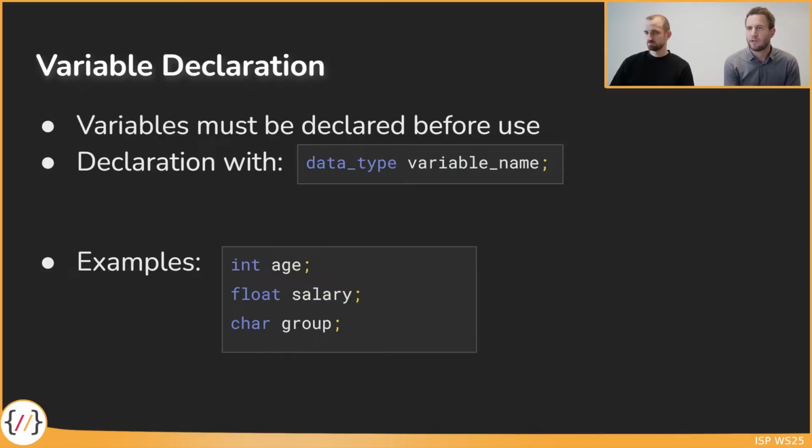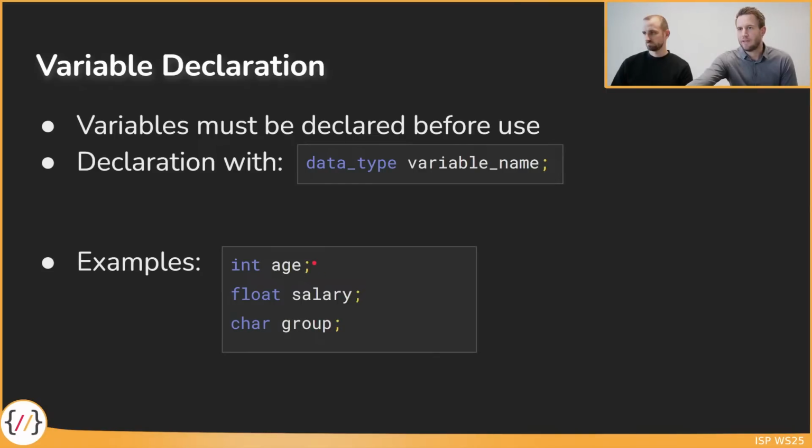So for example, we always start with the data type followed by a name. And the name of the variable can be defined by ourselves. So for example, if we want to store the age of a person, and the age is always an integer, a Ganzzahl in German, then we would introduce or declare an int value with the name age.